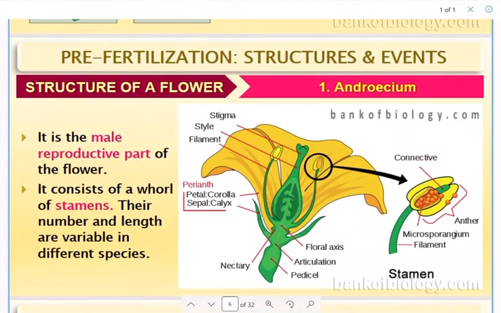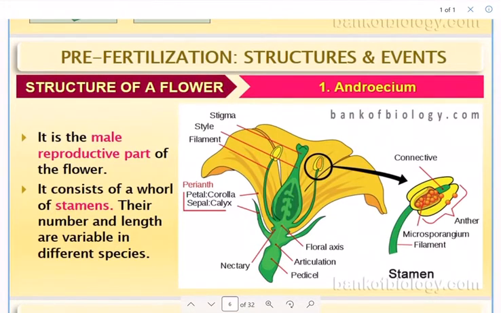And how do they develop? Now the Androecium, as I said, is the male reproductive part of the flower. It consists of a whorl of stamens, as you can see, and their number and length are variable in different species. So basically you have the stamen, and the stamen will have 2 parts, one bulged portion that is the anther and one tube-like structure called the filament.